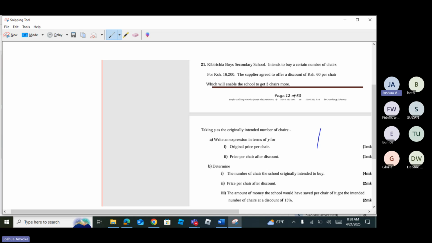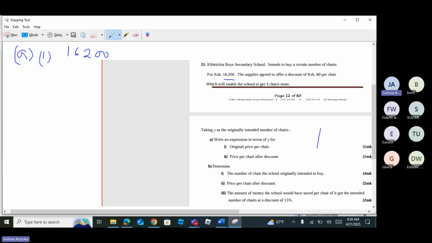So, price per chair. Part A, Roman 1, price per chair. It is the total amount of money, which is 16,200. That's the amount that will be used to buy a number of chairs.